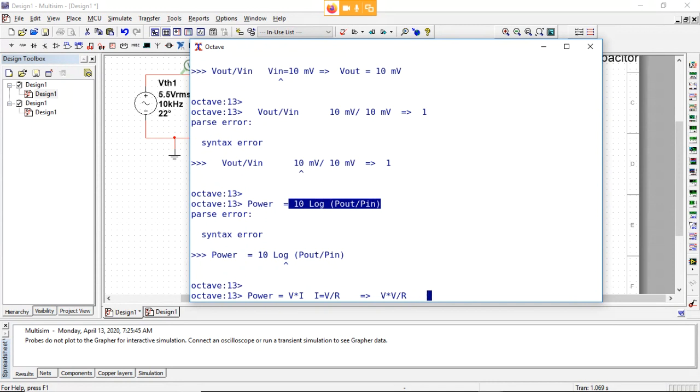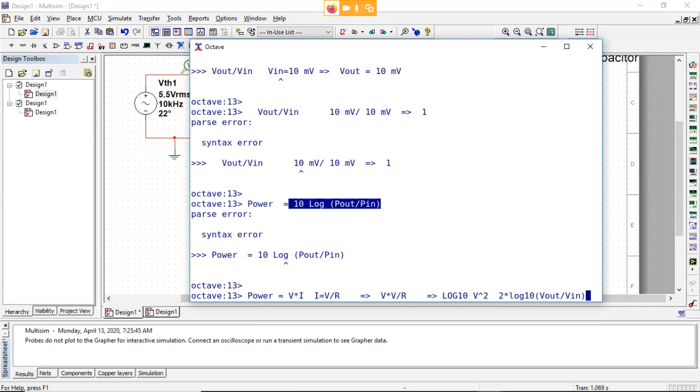Well, when you take the log base 10 of V squared, the square comes out, and this gives you 2 times the log base 10 of voltage out divided by voltage in, because that's what we're looking at.